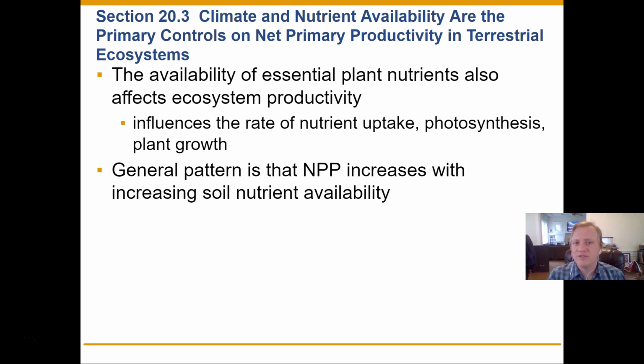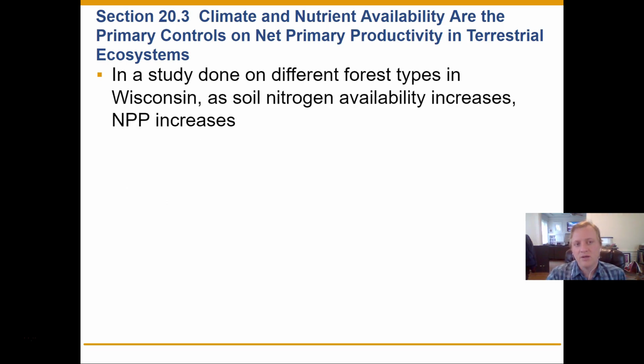The availability of essential plant nutrients also affects productivity. Remember, plants are getting their carbon source from the atmosphere, but they're getting nutrients from the ground. And the general pattern is that net primary productivity increases with increasing soil nutrient availability. So in Wisconsin, they looked at different soil nitrogen concentrations, and they saw that there was an increase in productivity as you increase nitrogen concentration.